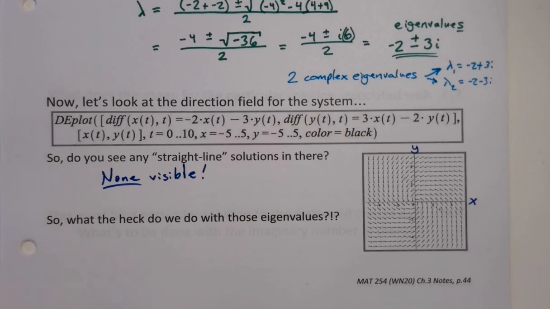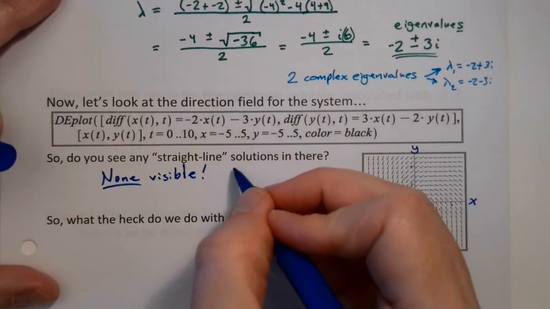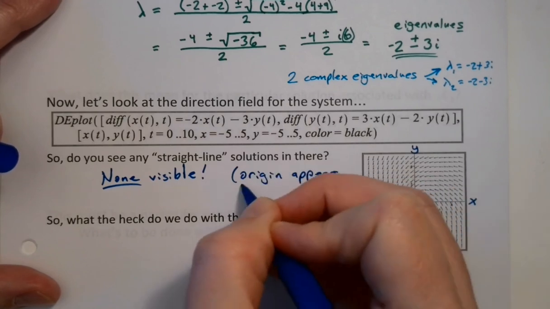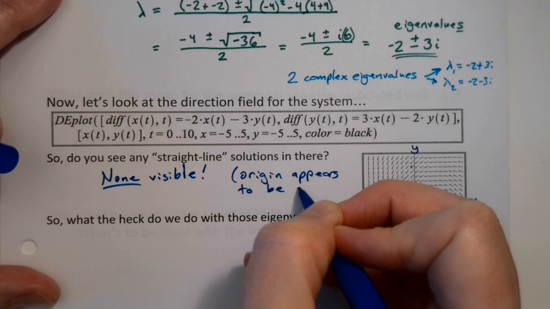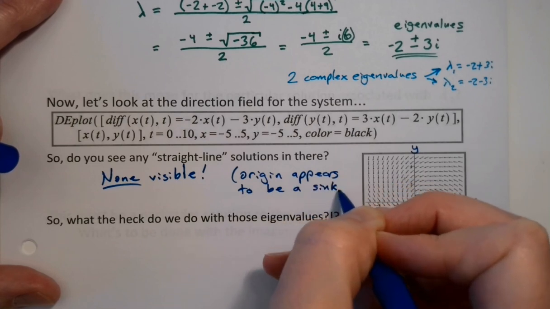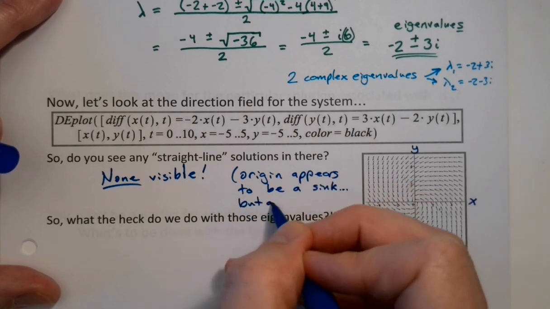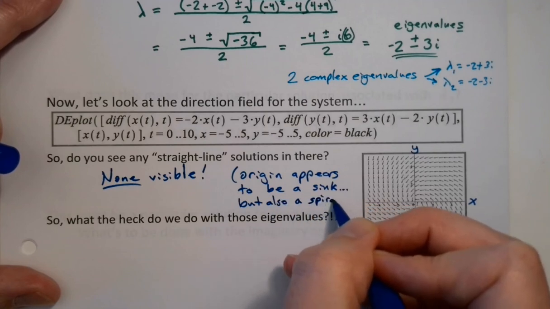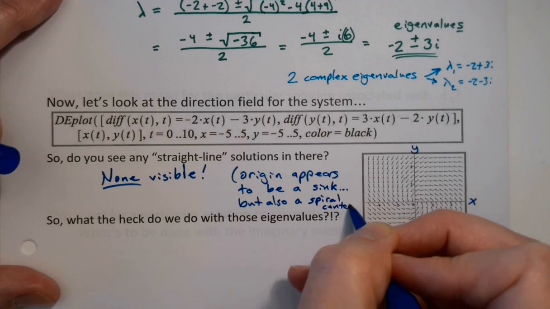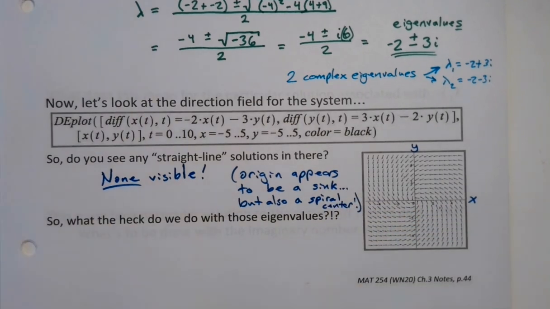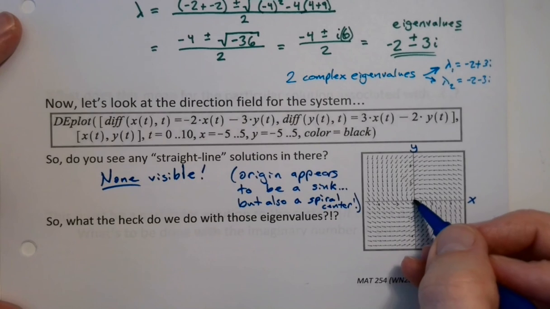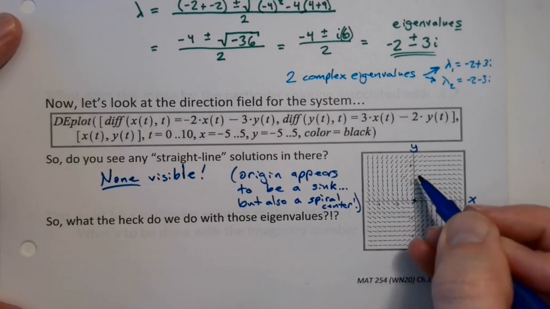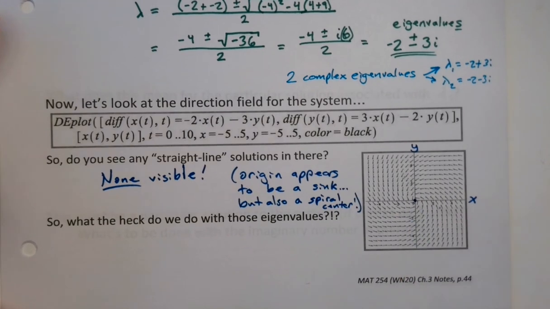But there's nothing visible. And the other thing that we notice is that the origin appears to be a sink, but also a spiral center. It seems to be doing double duty. The origin, right there at the middle, seems to be the result. If you follow all these curves, they head towards the center, they get pulled in as they go.